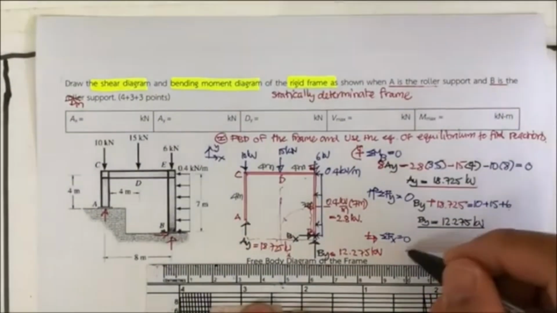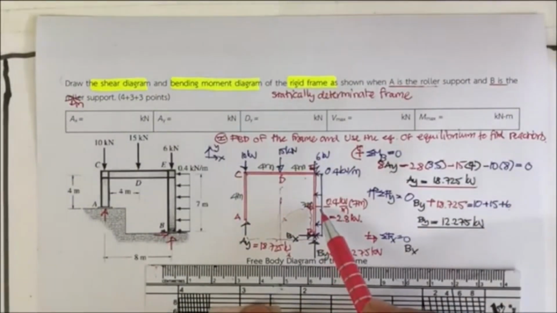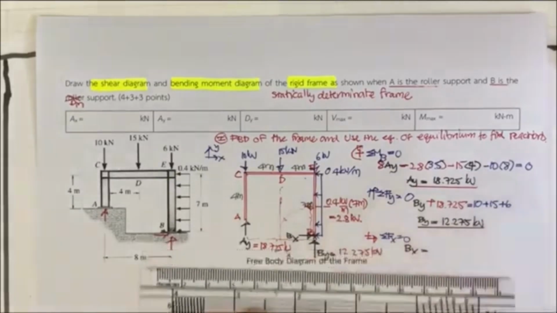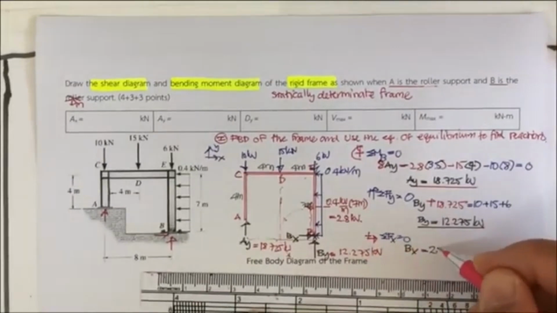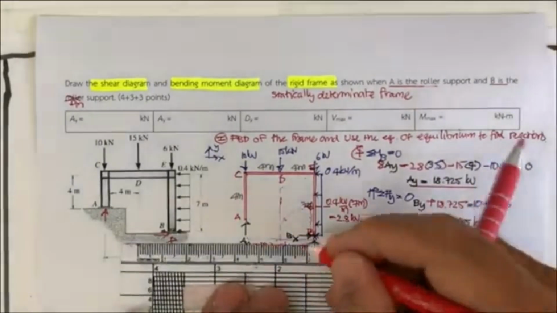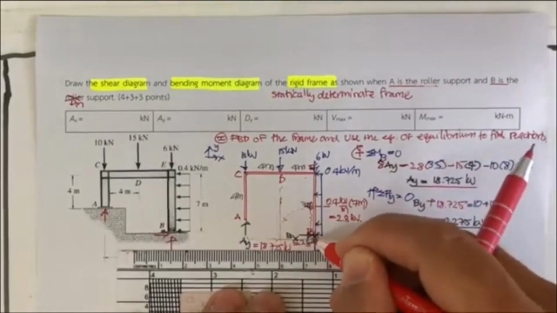The B sub X will resist the horizontal force, maybe from the wind load that I said, so it is equal to 2.8 kilonewton. This B sub X is equal to 2.8 kilonewton.